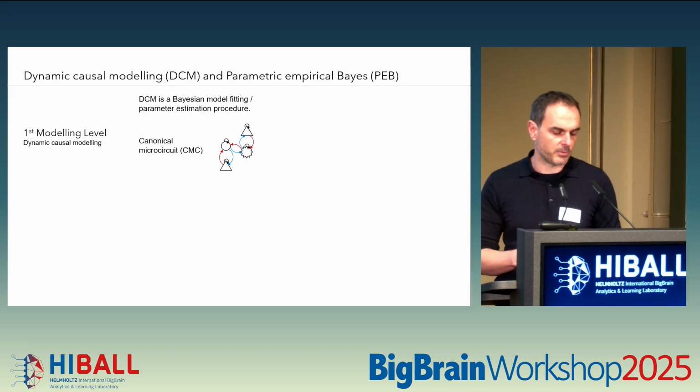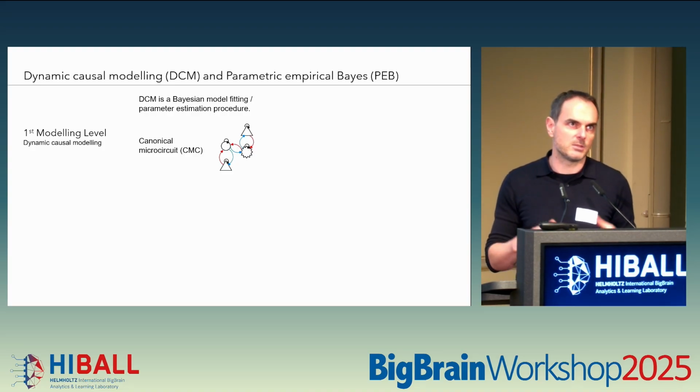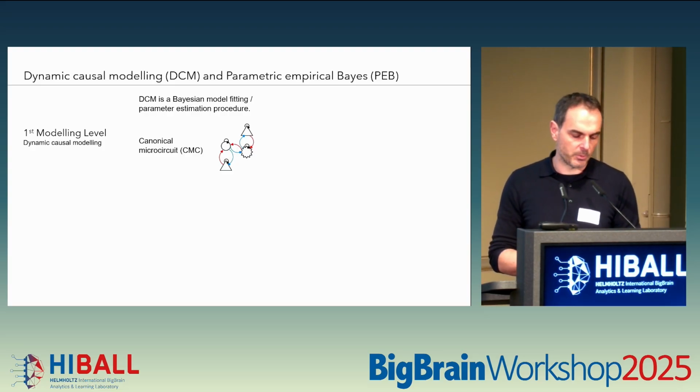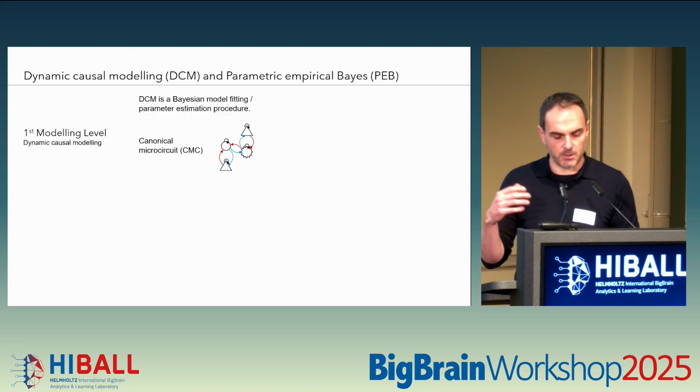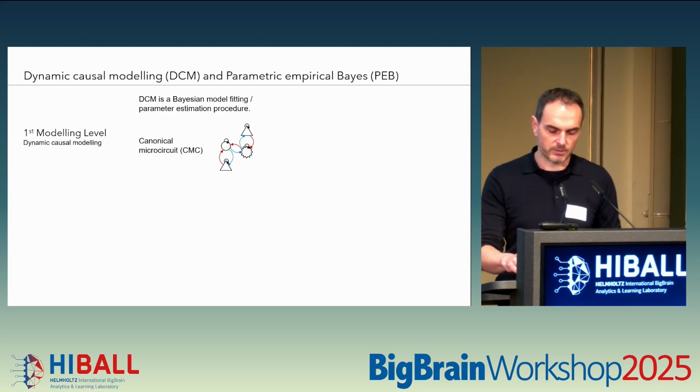The first modeling step uses DCM, or dynamic causal modeling, as a Bayesian model fitting procedure, taking means as well as the distribution, so it takes a level of uncertainty into account. It uses a canonical microcircuit, like a neural mass model with four populations, which are loosely related to different cortical layers or dominant neural populations in different cortical layers.